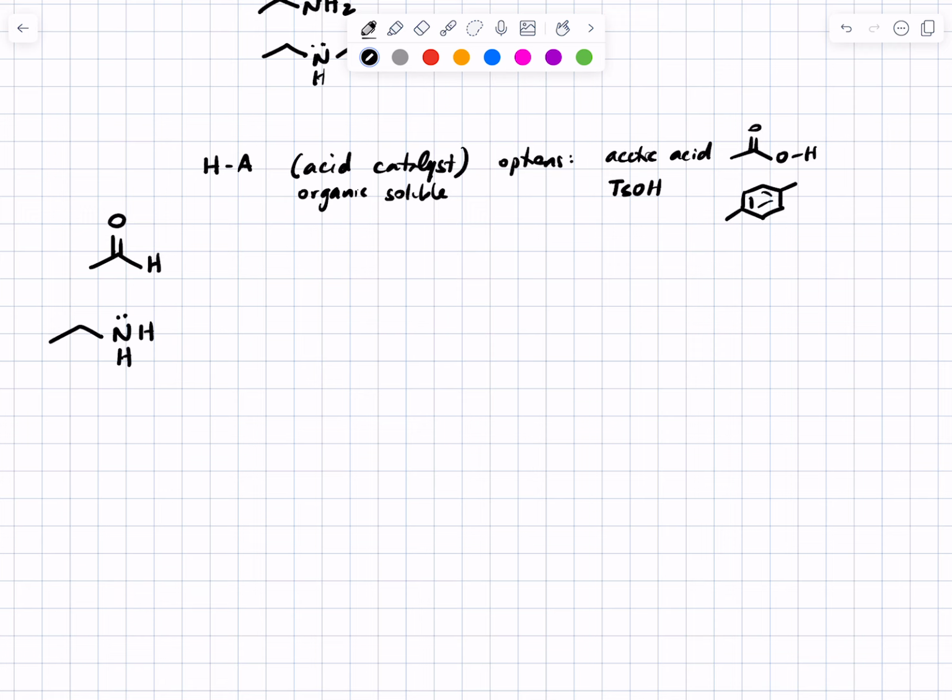This is basically an organic soluble version of sulfuric acid. And there are others that you might include using. When you're using an acid catalyst, you don't need very much acid at all. So anyway, in problems that I write, I will include an acid catalyst. I'm not remembering whether the book will always do that or not.